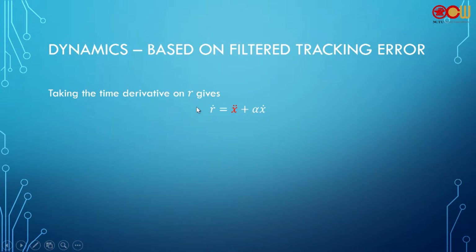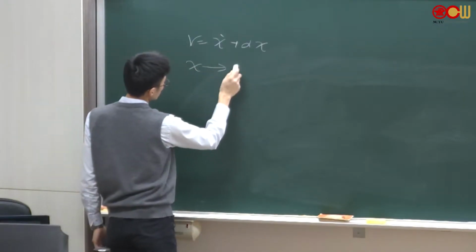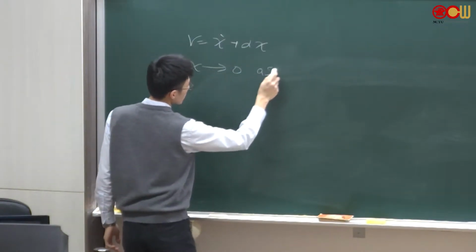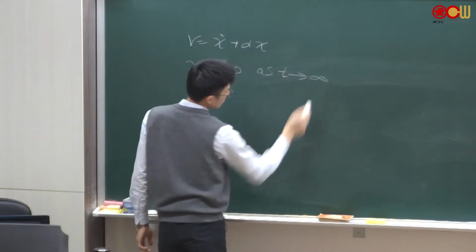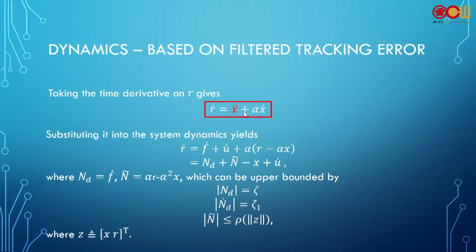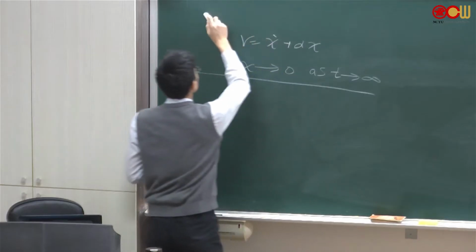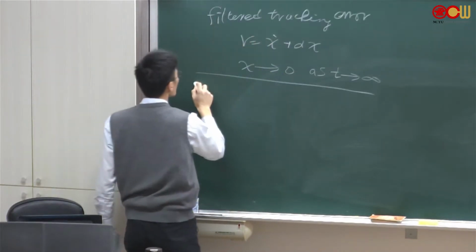Let's say we are doing a regulation control, where we want x to go to 0. So we design the R function such that R is x dot plus alpha x, and we want x to go to 0 as t goes to infinity. Then from x double dot, we can substitute the open loop dynamics. This is the filtered tracking error.